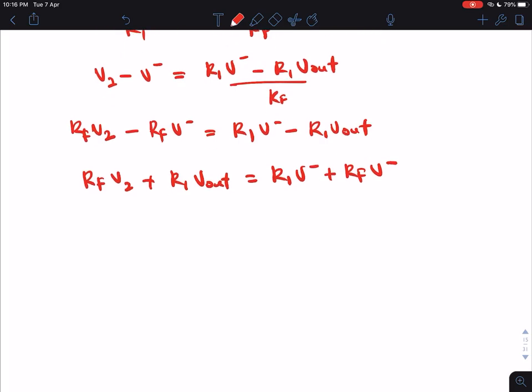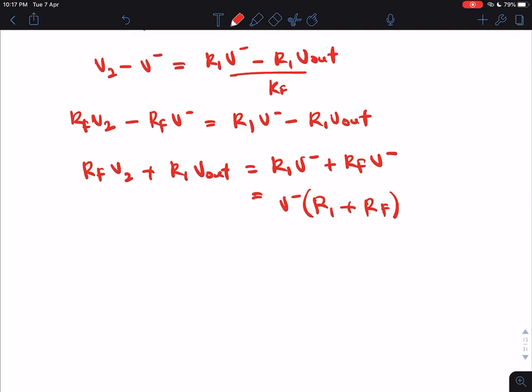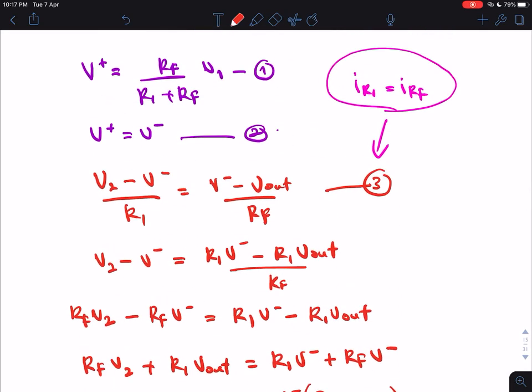Okay, so we can group them together as (R1 plus RF) times V minus. So what we have here is RF V2 plus R1 Vout equals (R1 plus RF) V minus. And V minus is RF over (R1 plus RF) times V1, from expressions number 1 and number 2.